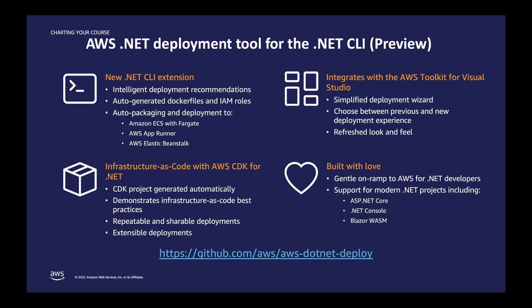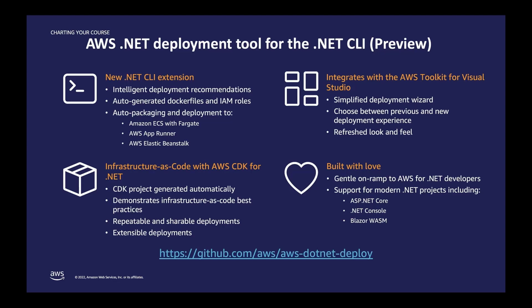While Copilot is an application framework agnostic tool that lets you deploy applications written in multiple frameworks, including .NET, the new AWS.NET deployment tool for the .NET CLI takes advantage that it is .NET aware and can inspect your application to provide smart recommendations. It makes it easy to deploy .NET applications to AWS even if you have never used AWS before. It can inspect your project and create the CDK project for you.